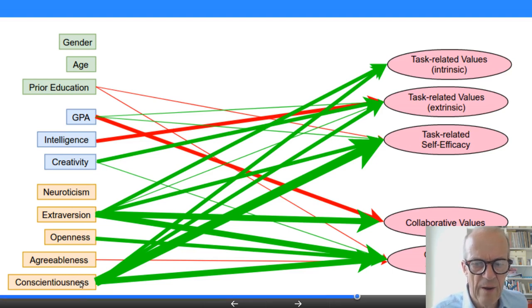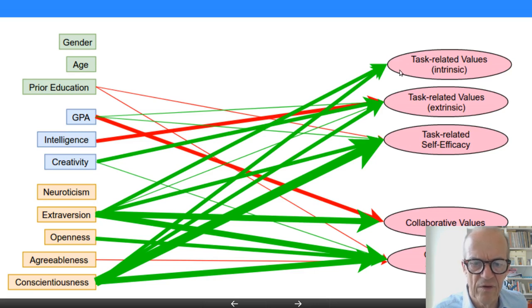So let's say that conscientiousness positively influenced at least, I think, four of the five variables.